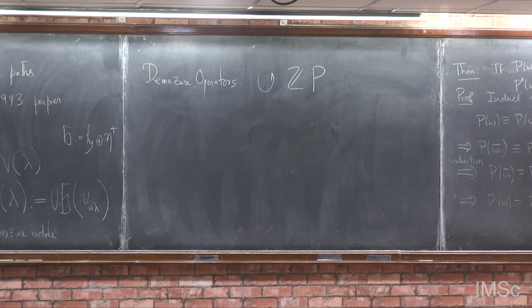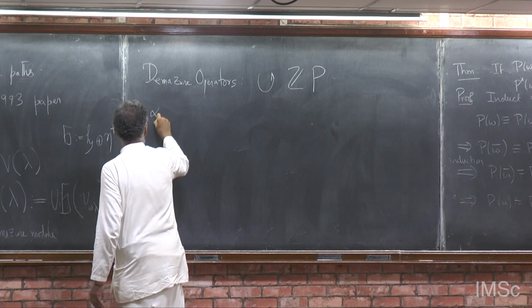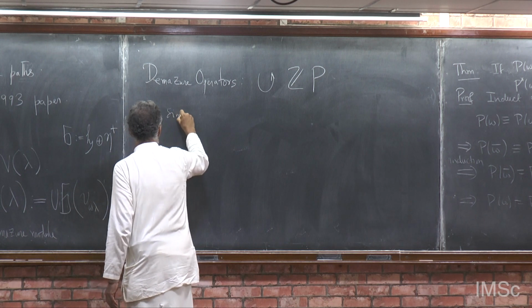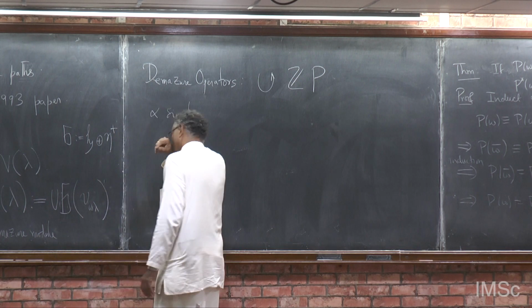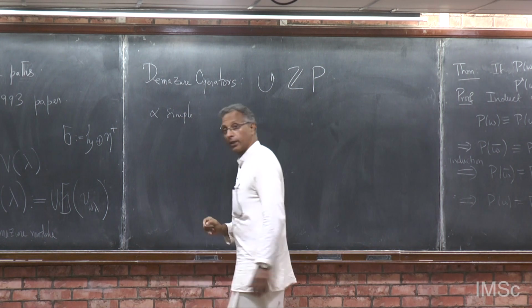So these are operators on this. You can think of them as operators on this. So what are these? For every simple alpha, you write, so this is the notation.